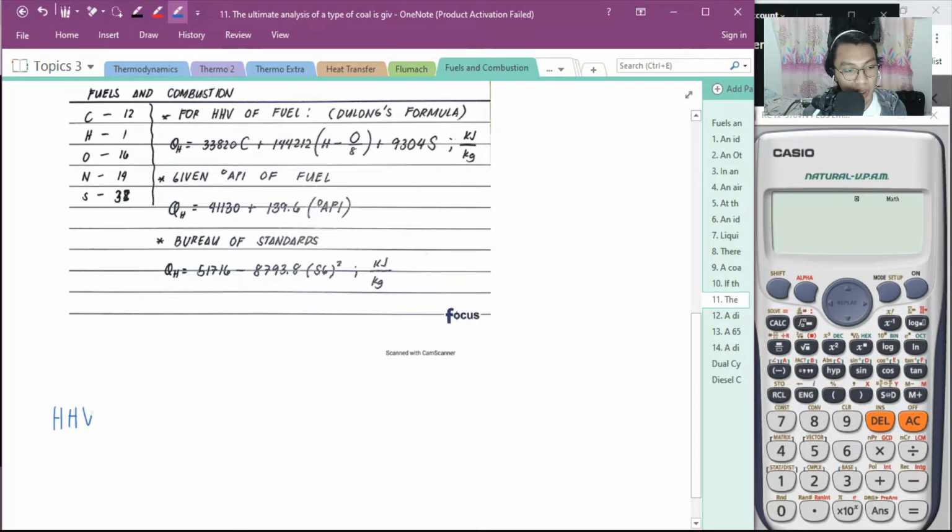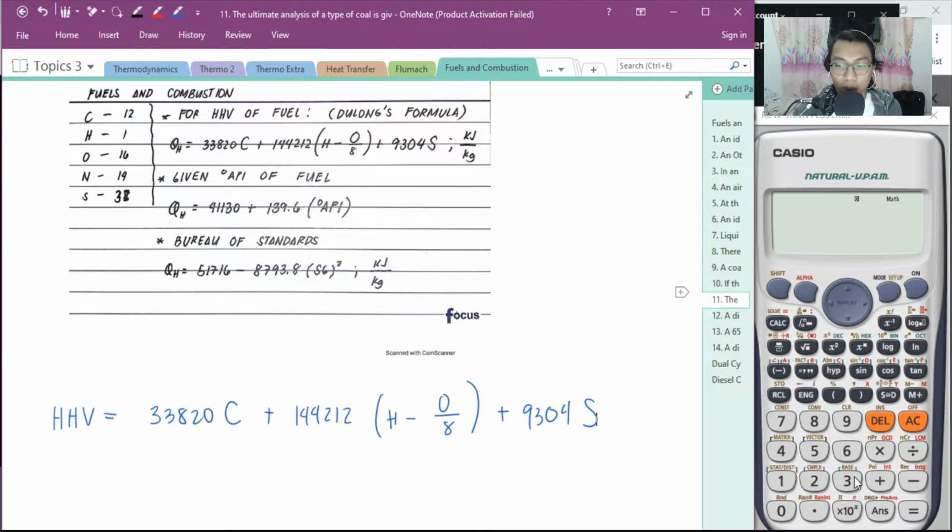Okay, HHV is equal to 33,820 carbon plus 144,212 H minus O over 8 plus 9304 S. Sir, paano mo gagawin yan sa calculator?